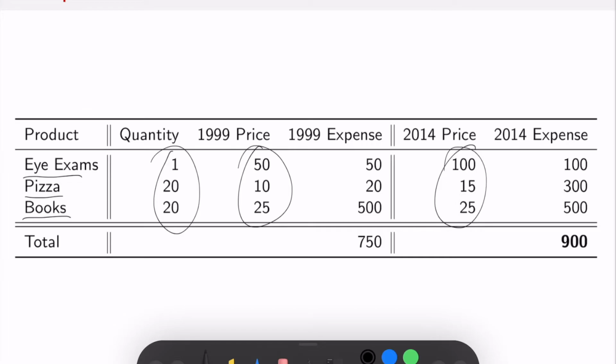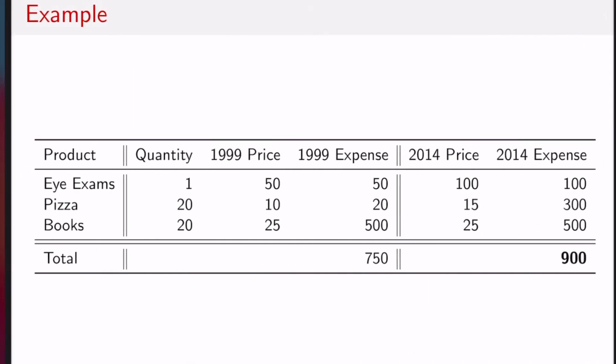Okay, and so what we'd see is that this basket of goods, 1 eye exam, 20 pizzas, and 20 books, cost $750 in 1999, and it cost $900 in 2014. So what we can do is calculate the rate that the prices changed on average by looking at the CPI.